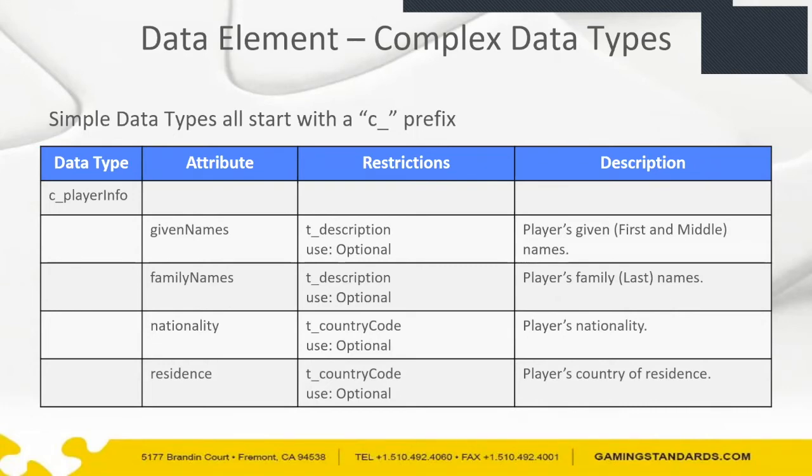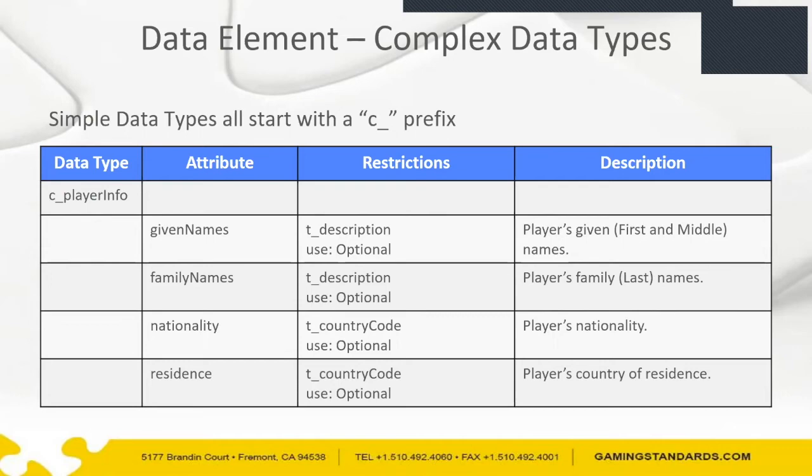Now you might be wondering, why does it say given names and family names? Well, that's because in countries like Spain, the number of given names and the number of family names is more than one. And if you don't include them all, then you might be talking about a completely different person.